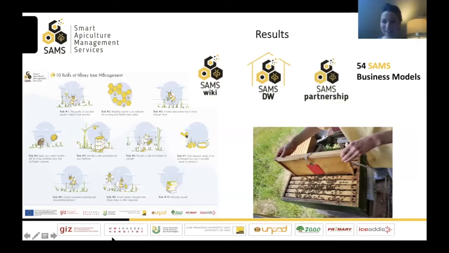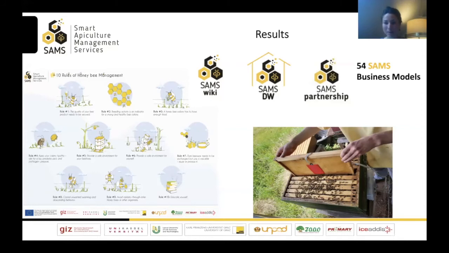Yeah, thanks, Mita. So within our 3-year running project, of course, we now have some results available. One of the results is the 10 rules of honeybee management, available on the SAMS website and also on SAMS Wiki. SAMS Wiki is also a result.